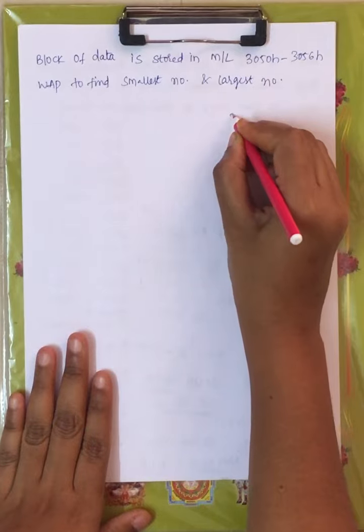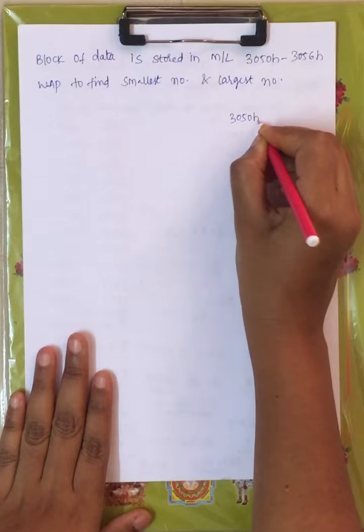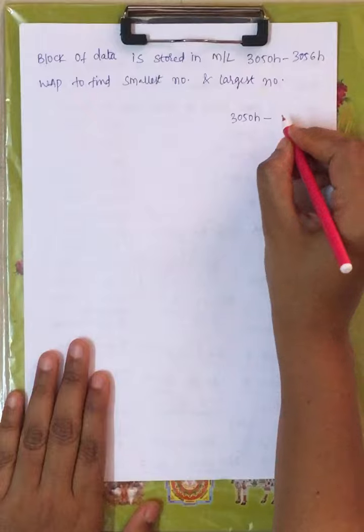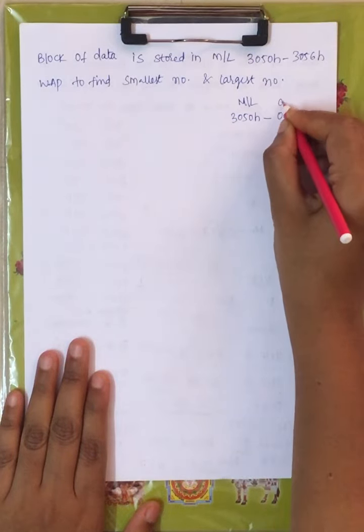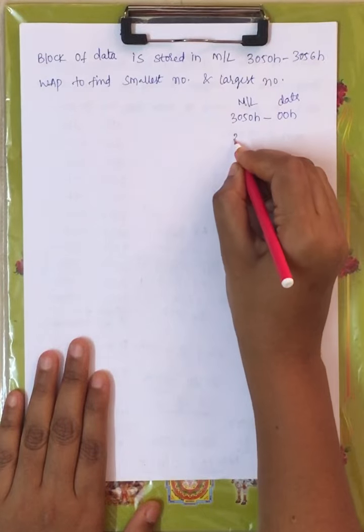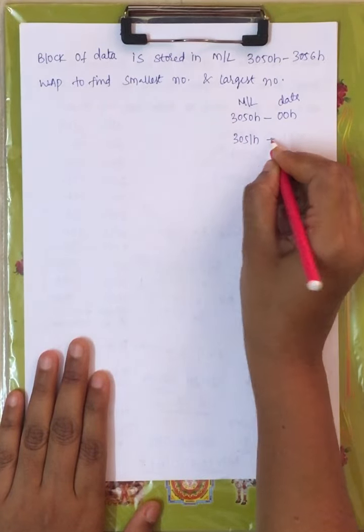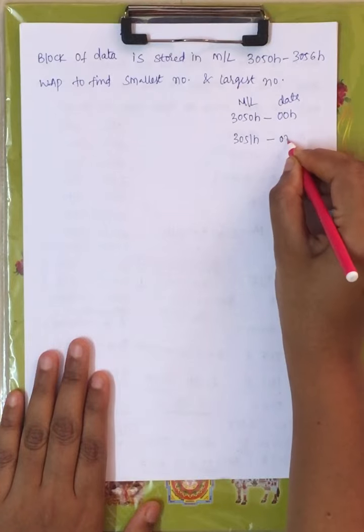Here some data is stored in the memory locations 3050h to 3056h. Let us assume 3050h is storing data 00h. This is the memory location and this is the data. 3051h is storing data 02h.